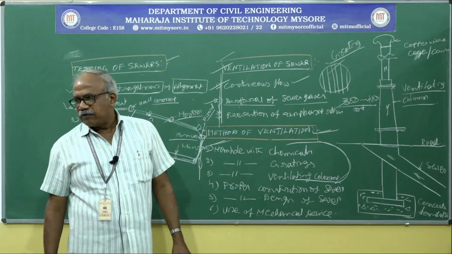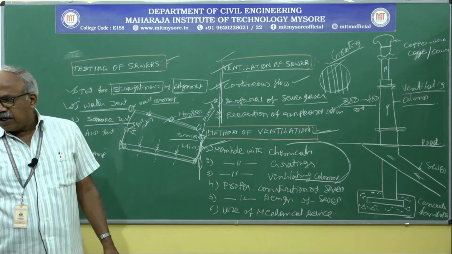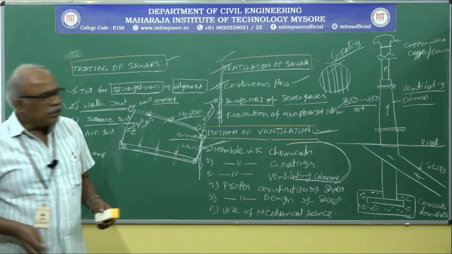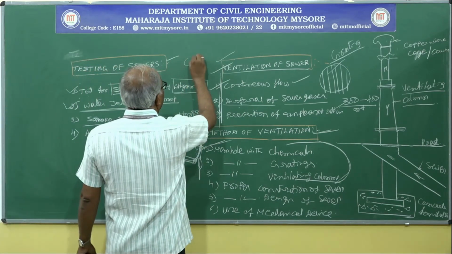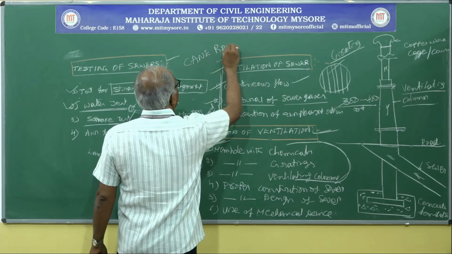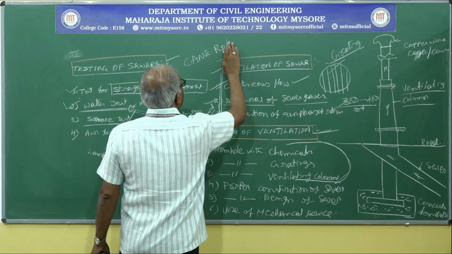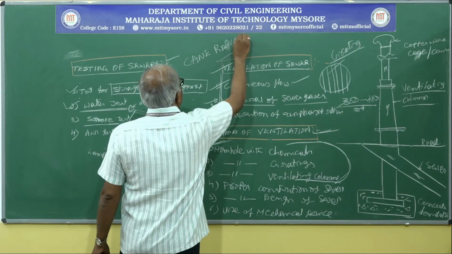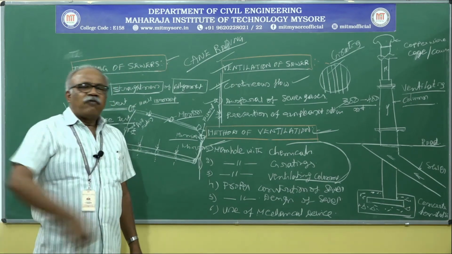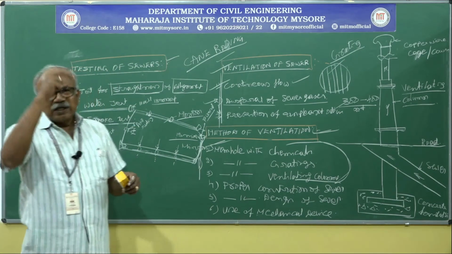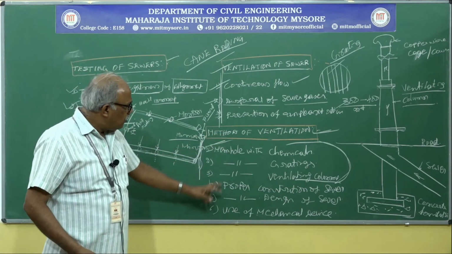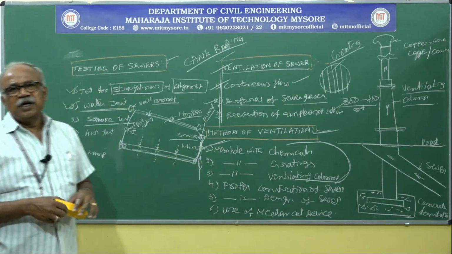For this, we can use one rod, that is cane rodding. Cane rodding can be used to remove the settled materials. So, these are the methods of ventilation.